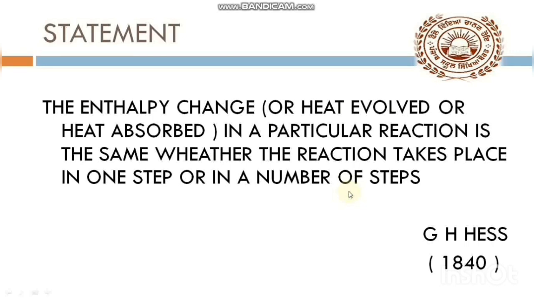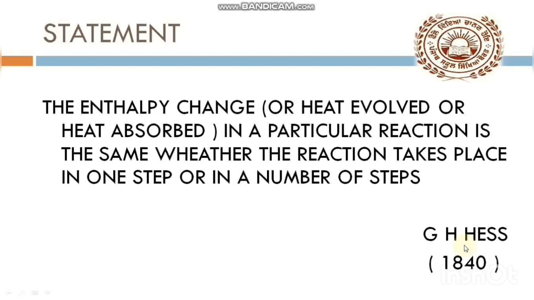It states that the enthalpy change or heat evolved or heat absorbed in a particular reaction is the same whether the reaction takes place in one step or in a number of steps.